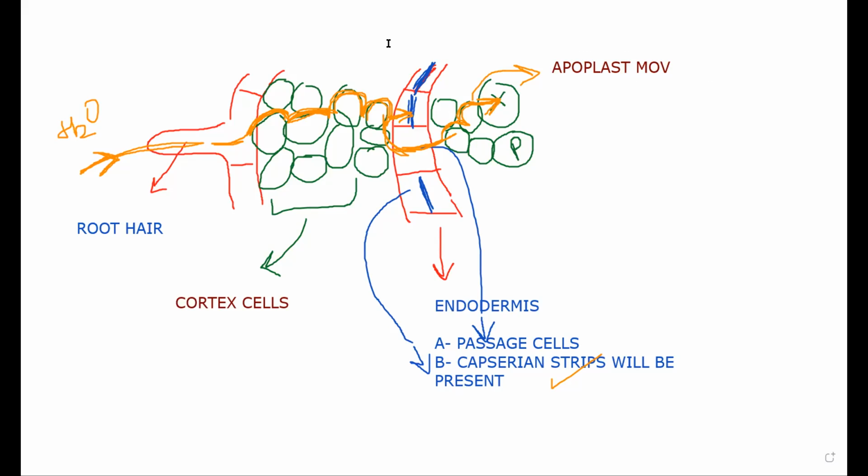Now let's talk with respect to the symplast movement. But you should understand, before entering into the symplast movement, that the apoplast is not able to enter through these Casparian strips. At this area the things are not moving inside, but things can pass through the passage cell.